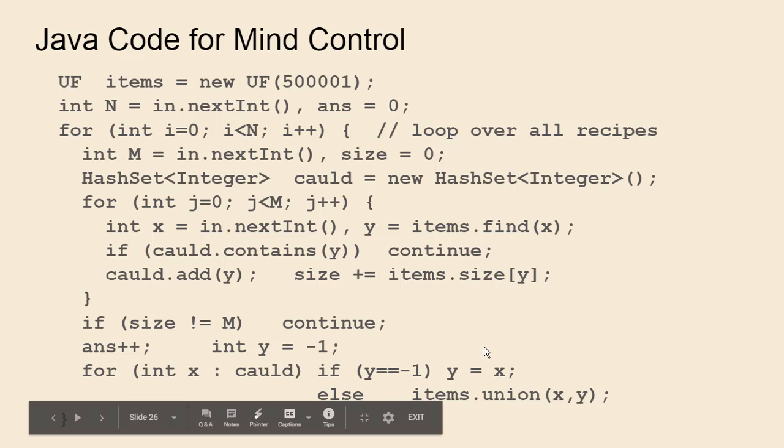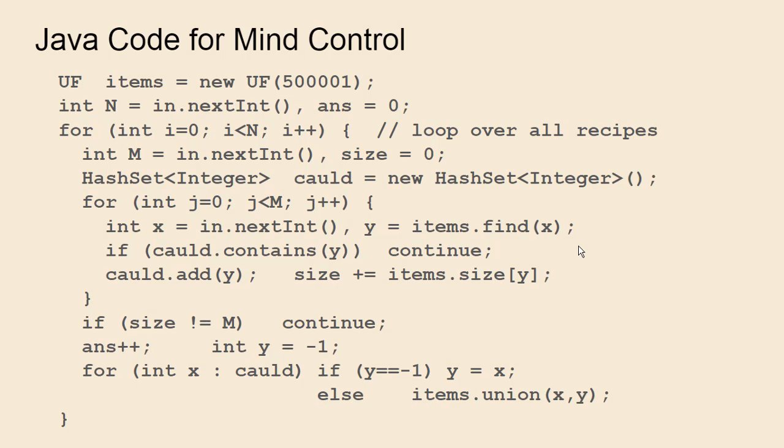If y is -1, we simply assign x to y. Otherwise we union x and y. That's all. In fact, after this for loop, the next line is simply to print out the answer. So that's the code for this mind control problem. It uses UnionFind. We just need to directly access the member for storing group size, because that information we need to use.